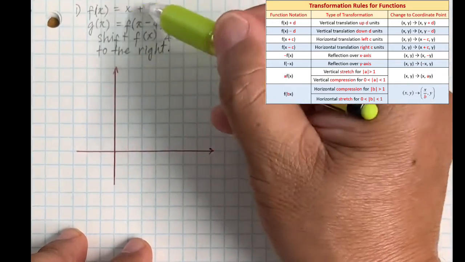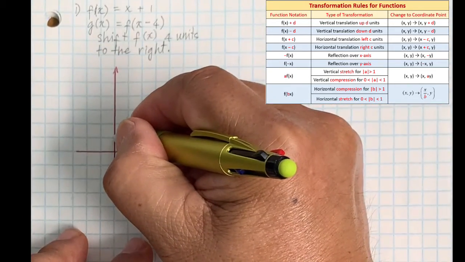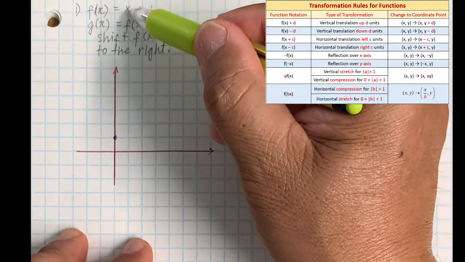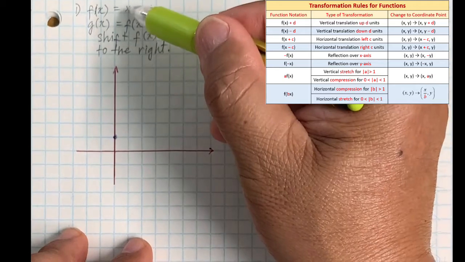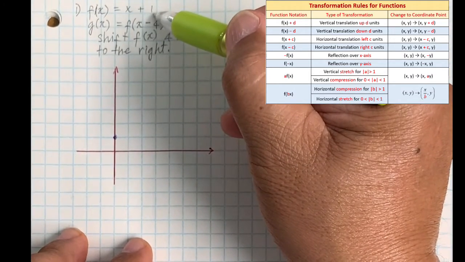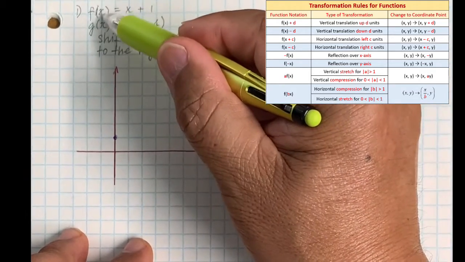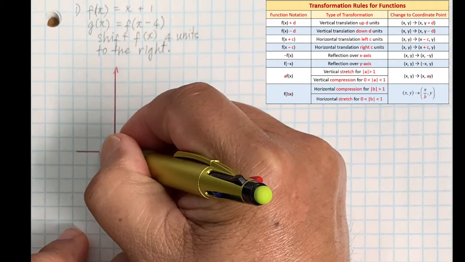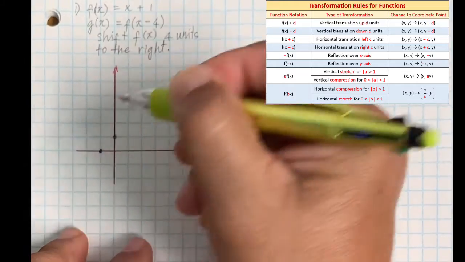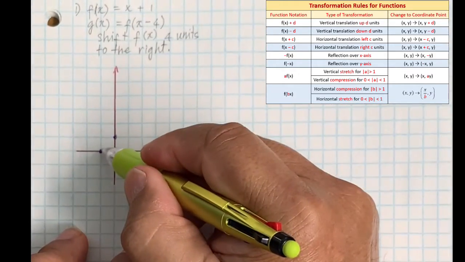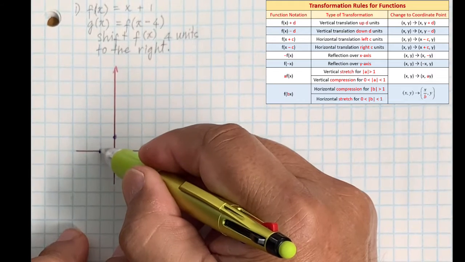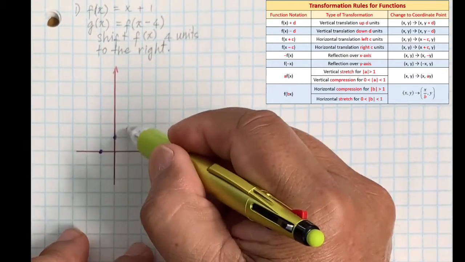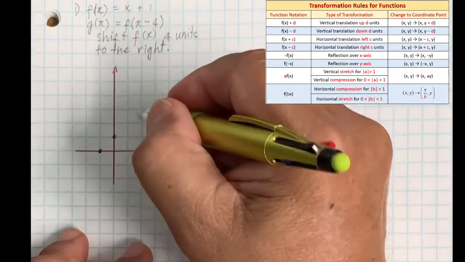So f of 0 is going to be 1. So right here. Now, if x is negative 1, then negative 1 plus 1 equals 0. So f of negative 1 is 0. So right here. So we connect these two and extend it to make the graph of f of x.